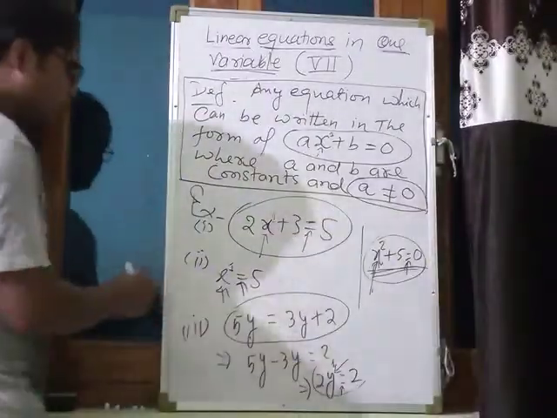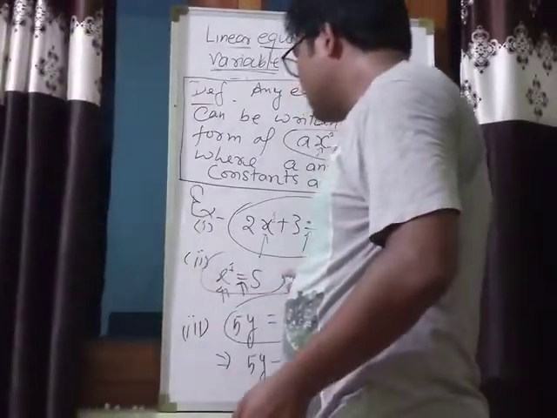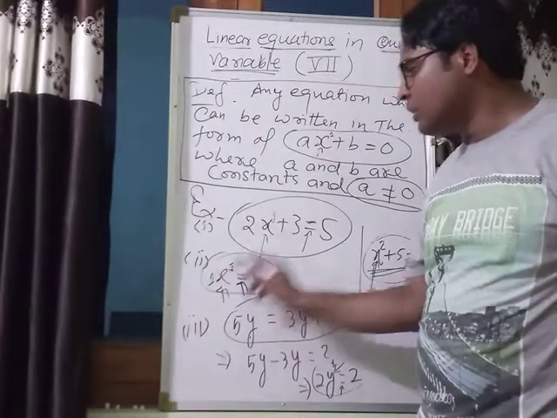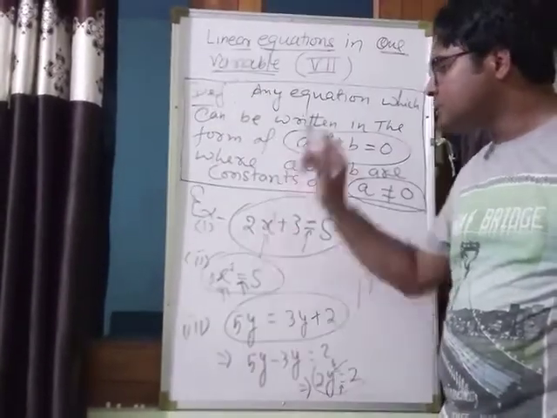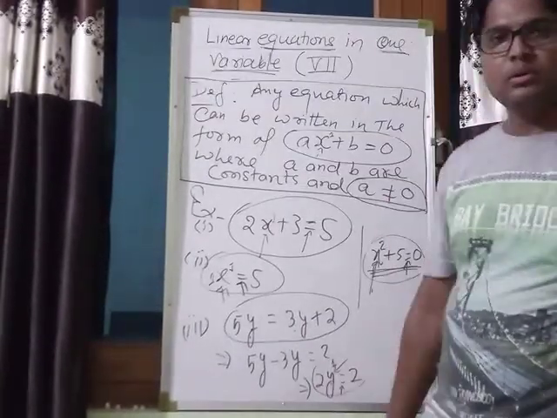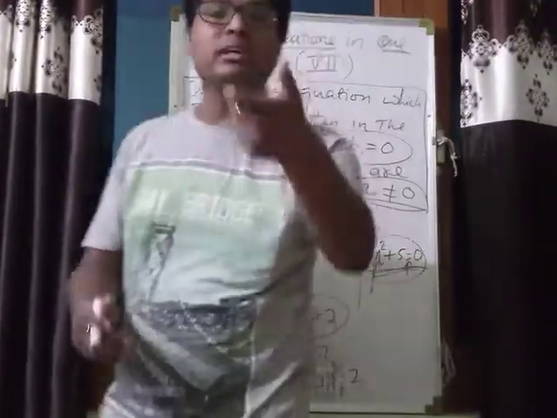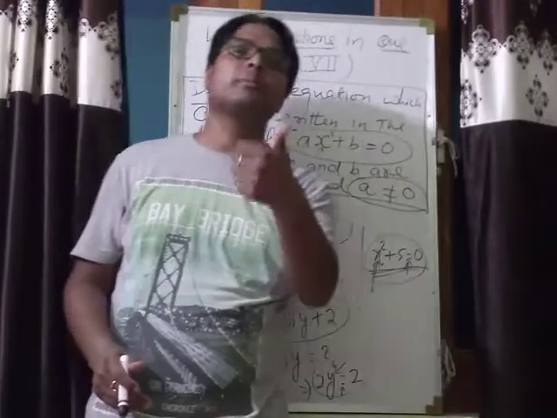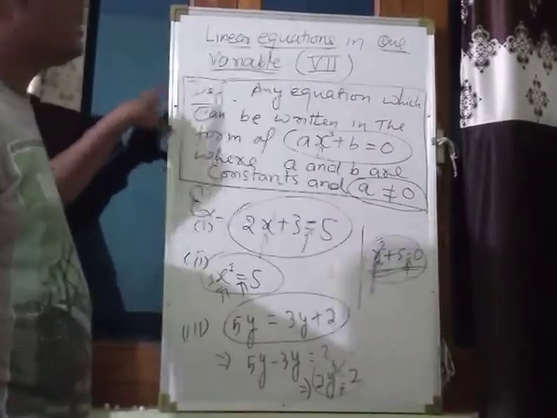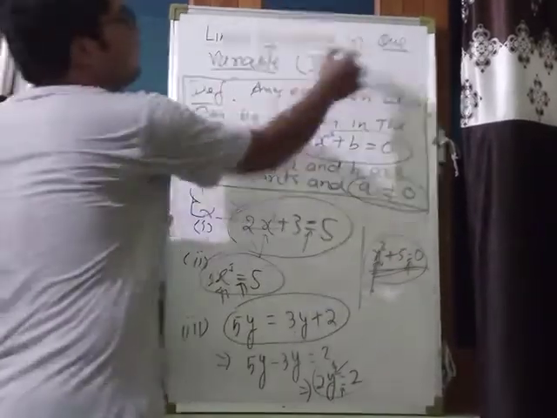In this case, you can see x is equal to 5. What is the coefficient of x here? 1. What is the coefficient of x here? 2. What is the coefficient of y here? 2. The coefficient of the variable should not be equal to 0. Okay. So that is the definition of a linear equation in one variable.